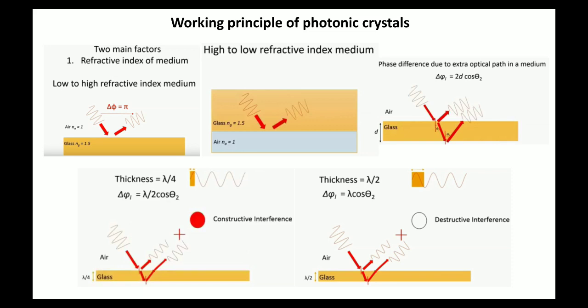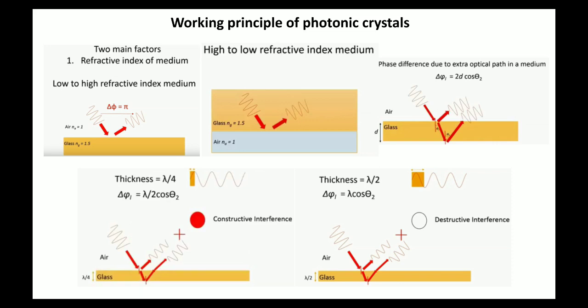That is what we are going to see in the below two images, where suppose D is the thickness of the glass and that D is equal to lambda by 4. If we choose the thickness of the glass equivalent to lambda by 4, then what is happening with delta phi 1? What is happening with the path difference? The path difference in this case is lambda by 2 cos theta 2.